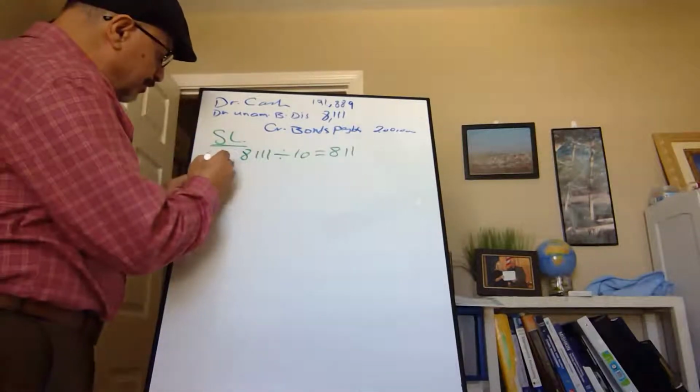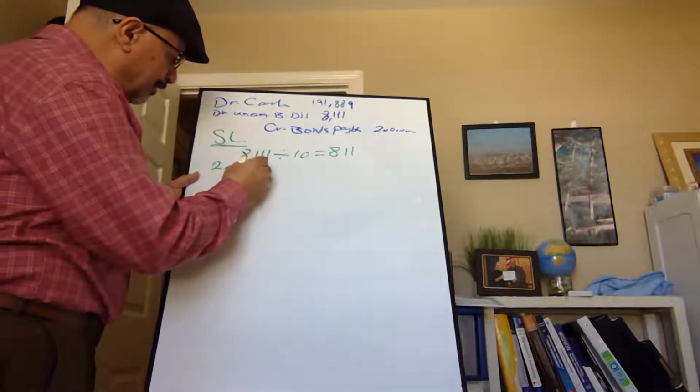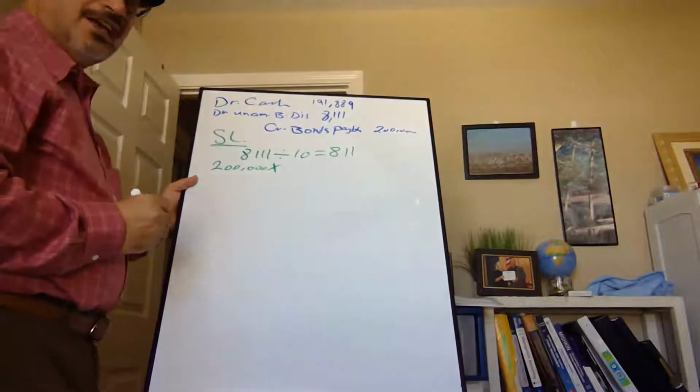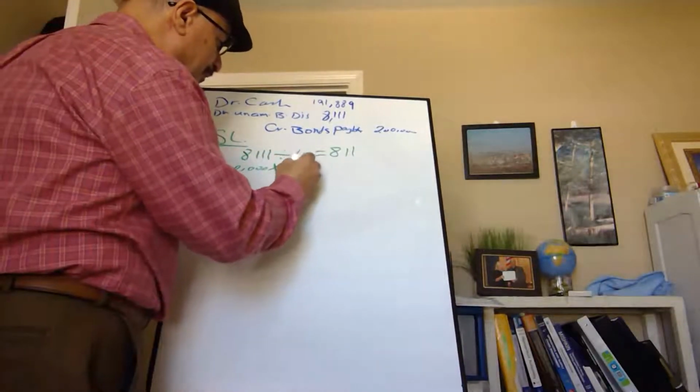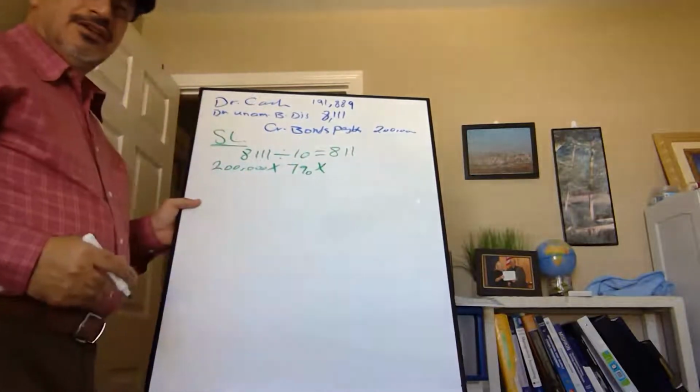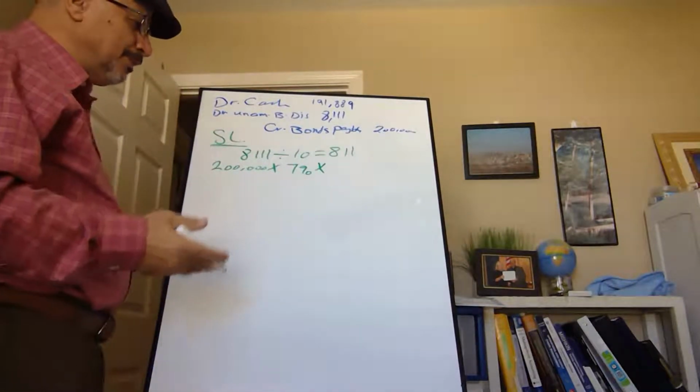Okay, we know the obligated interest, what we are obligated to pay to the bondholders, is the face value, which is 200,000, times the stated interest rate, 7%, times 6/12, because that's payable every 6 months.